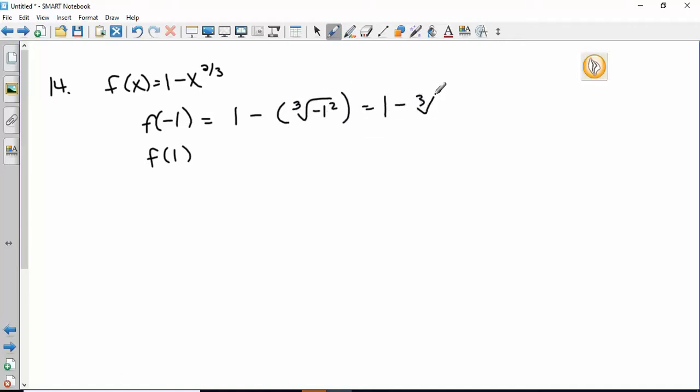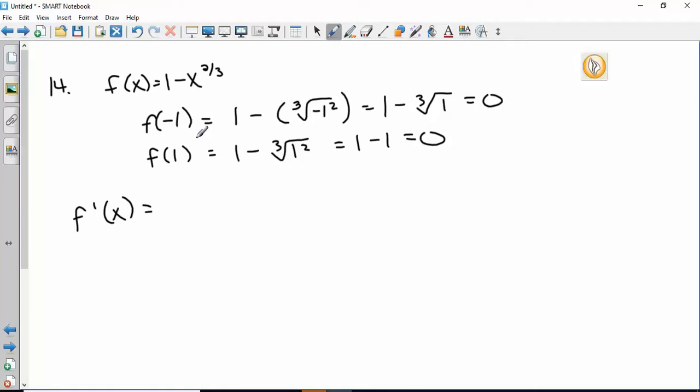So that's like 1 minus the cube root of 1, and you get 0. If you put in a 1, you get 1 minus 1, so we get 0. So those are the same. But there is not a number in the interval where the derivative is 0. So if we find this derivative, it is 0 minus 2/3 x to the negative 1/3.